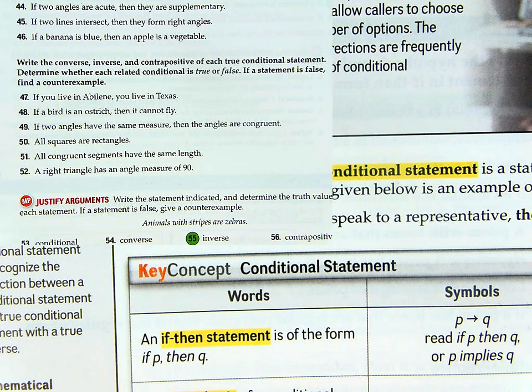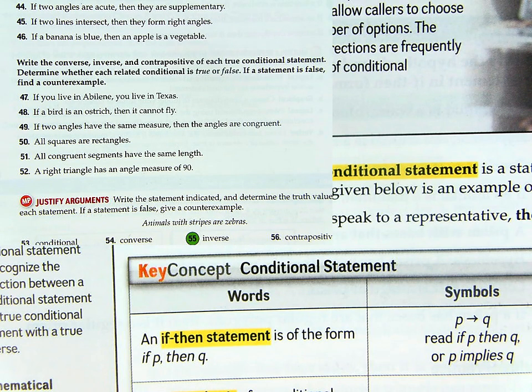If it is not a rectangle, then it is not a square. True, true. My first statement was half converse, half inverse.